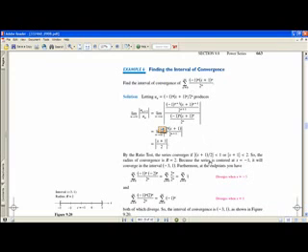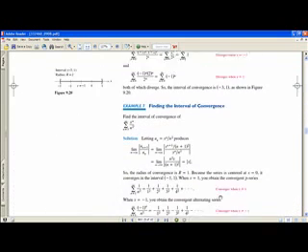Plugging in negative 3 for x, negative 3 plus 1 is negative 2. The negatives cancel, 2 to the n over 2 to the n is 1, and it diverges by the nth term test. If you plug in positive 1, things cancel out and you get a divergent series because it basically oscillates. So both endpoints diverge, and your interval remains the open interval from negative 3 to 1.